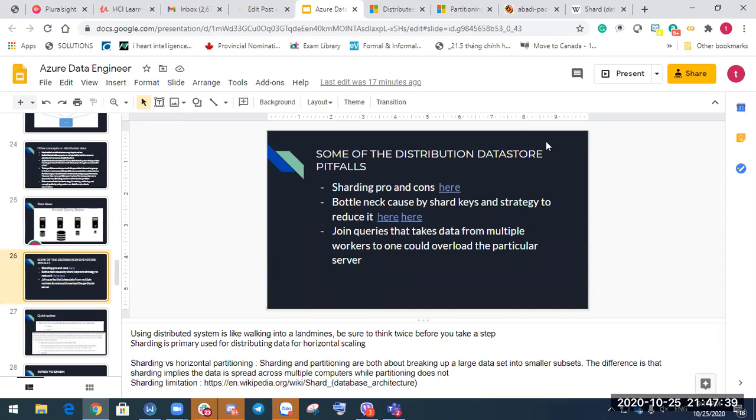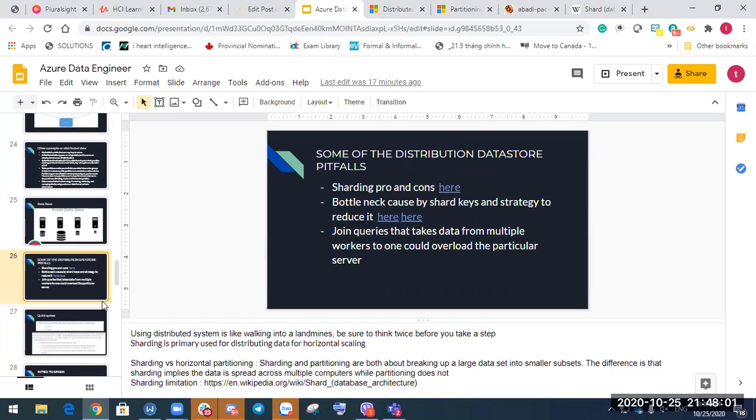So again, some pitfalls of distributed systems. I believe Harris and Julie were already in my Spark training, so you guys are already aware of this, but it's basically about sharding pros and cons, and sharding keys and how to avoid the bottleneck.